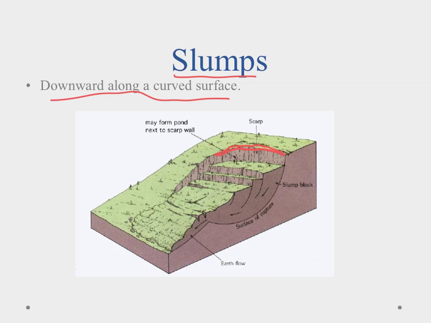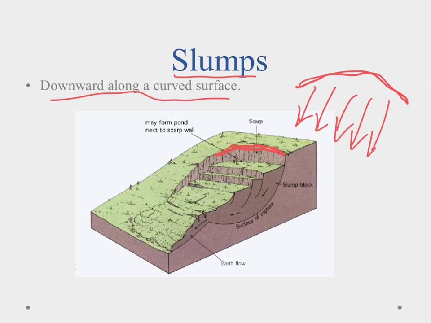If you looked up above, you would see this crescent shape here, and then this mass movement is going to be all of this stuff that flowed down from that crescent shape, and you can kind of see it coming through here. This is what a slump would look like. So you can tell it's a slump and not a slide. Slides tend to be straight, slumps are going to be curved. So that's how we can tell the difference between the two.